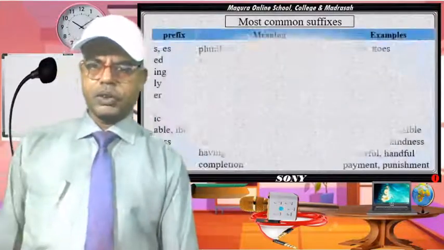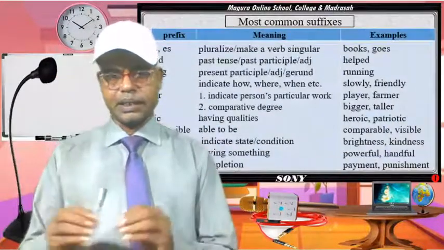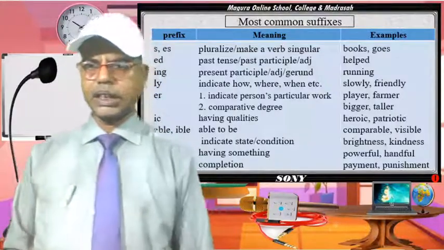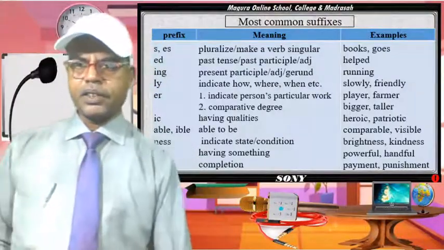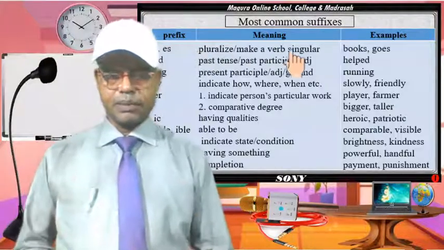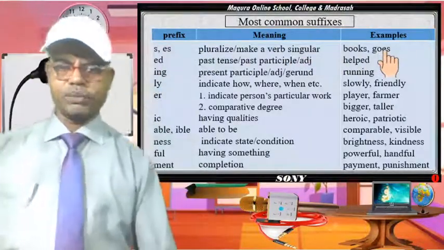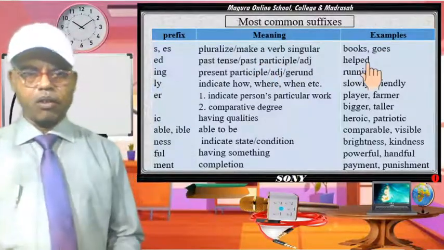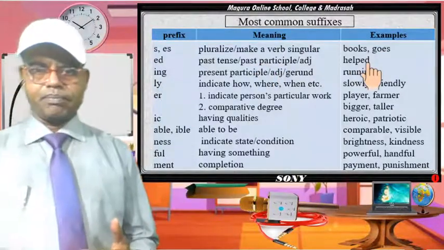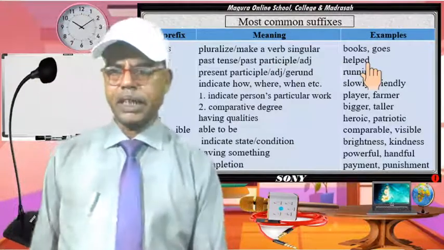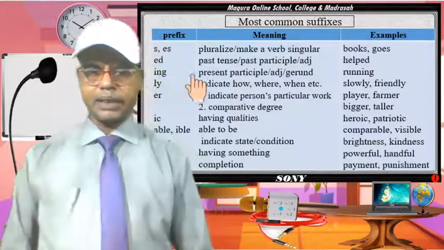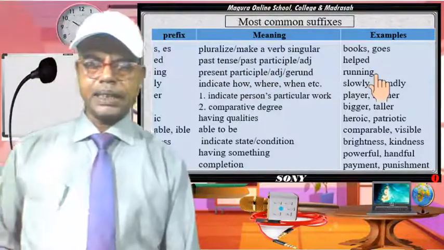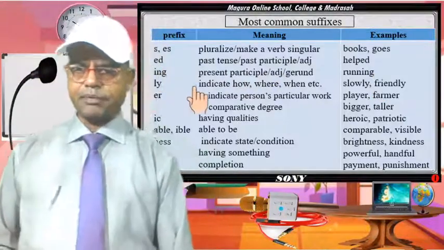Most common suffixes. These are also in your textbooks. First one, es or s. So, this means plural number. Books goes maybe example. ED, past participle, or perfect participle, maybe helped, maybe answered. ING, maybe present participle, maybe gerund. And example is running.